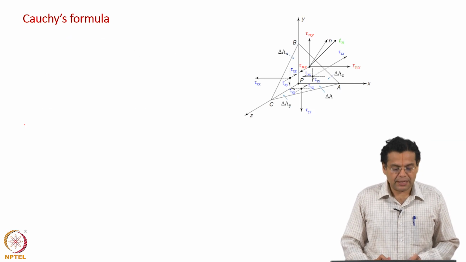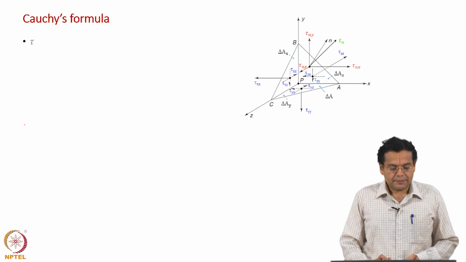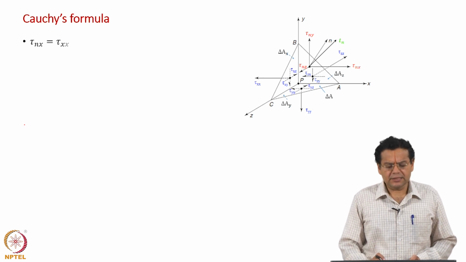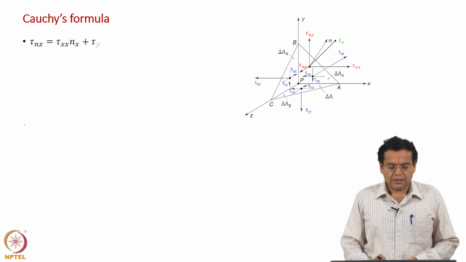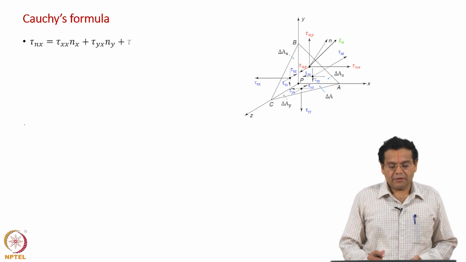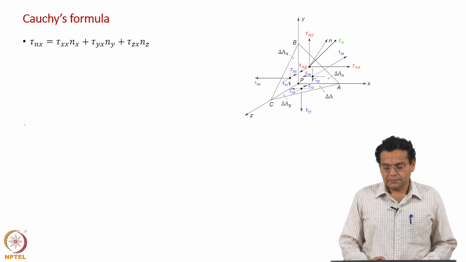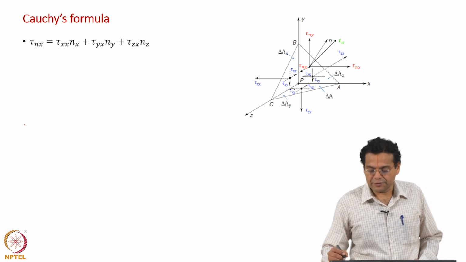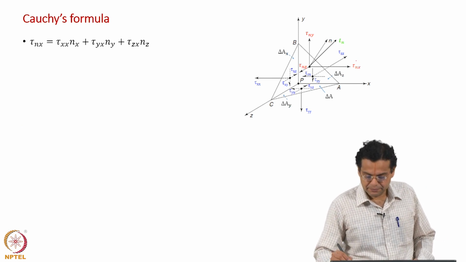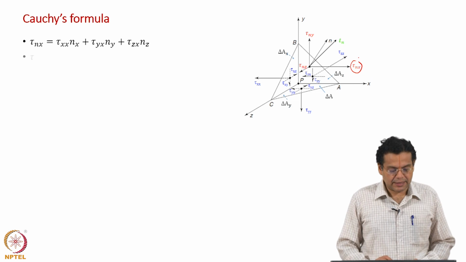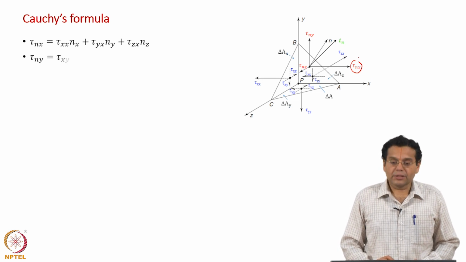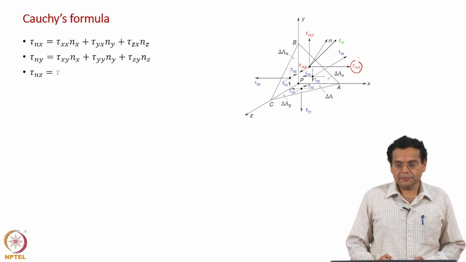So, now let us summarize all of them. The three relationships which we have derived, we have achieved our objective of relating the components of the stress vector to the components of the stress tensor, and similarly the z direction.